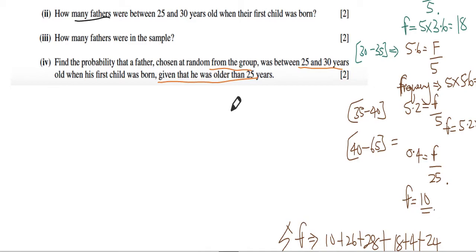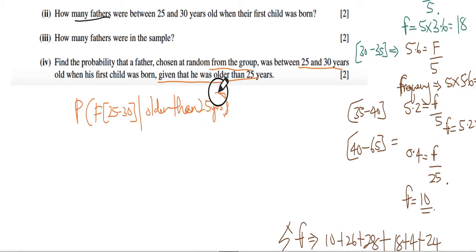So we want the probability that the age is between 25 and 30, given that he was older than 25.